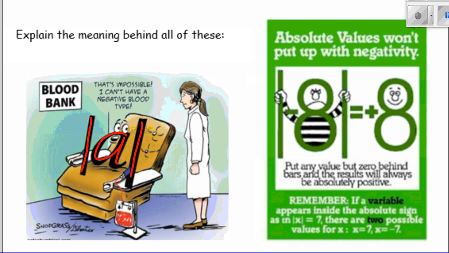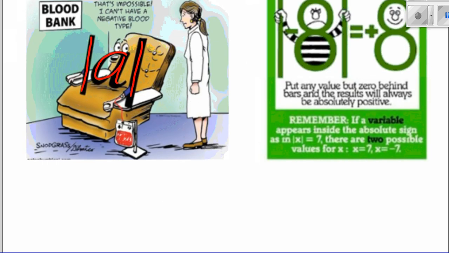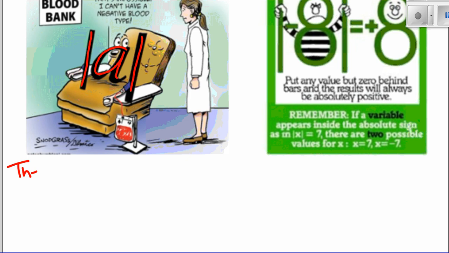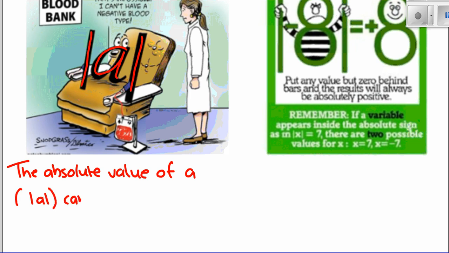And that's because the absolute value of A can only be a positive answer. That's why they're saying they can't have negative type blood.